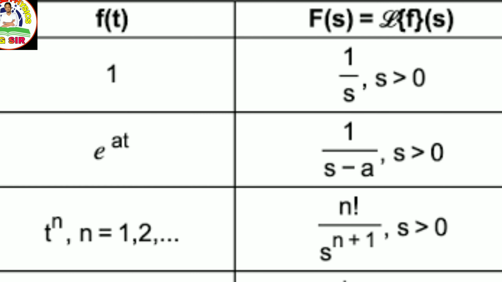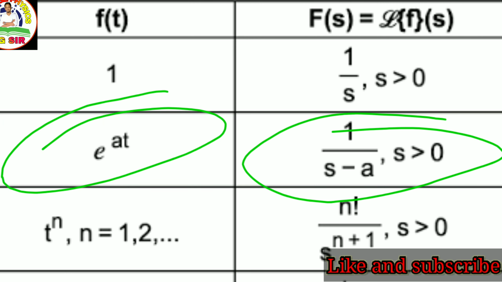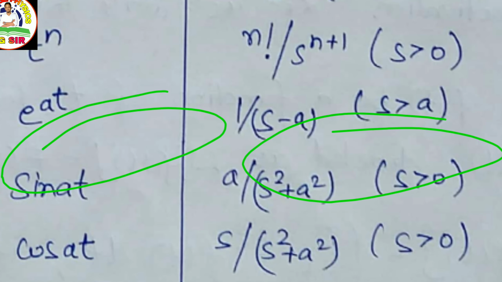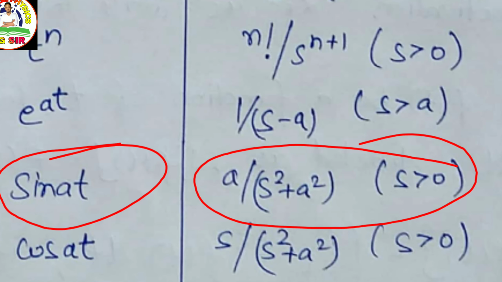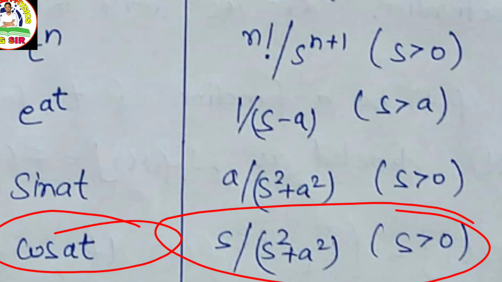The Laplace transform of e to the power at is 1 by s minus a, the Laplace transform of sin at is a divided by s square plus a square. Similarly, the Laplace transform of cos at is s by s square plus a square.